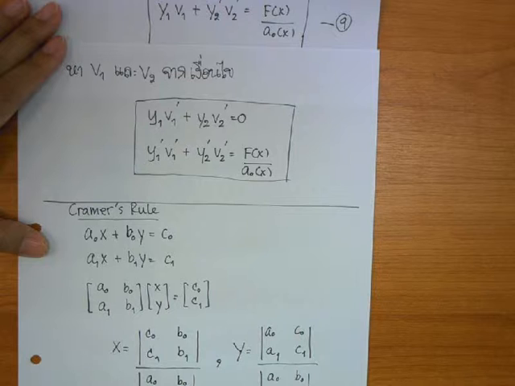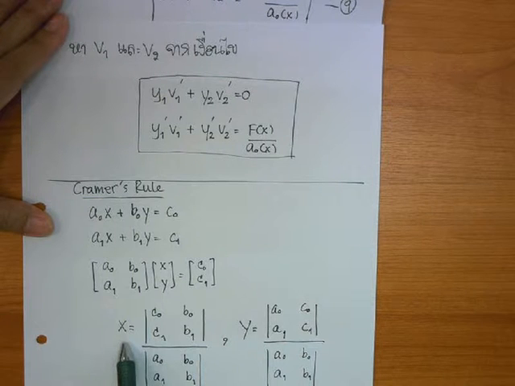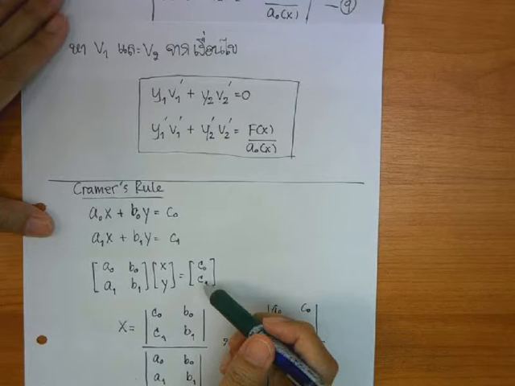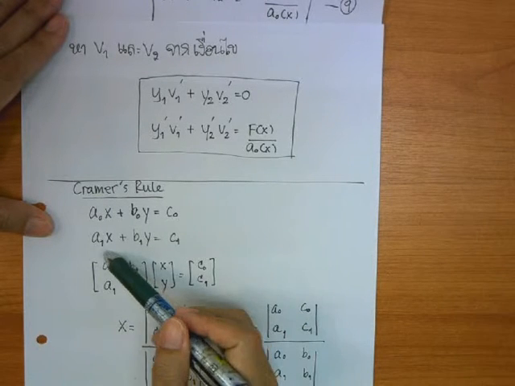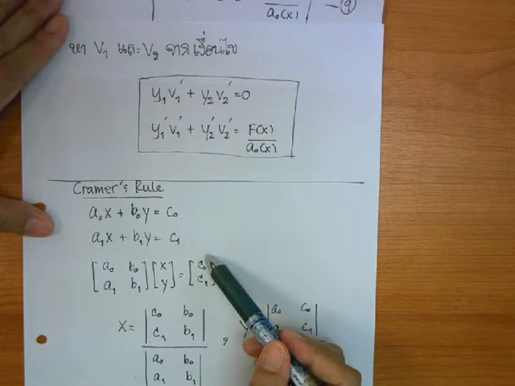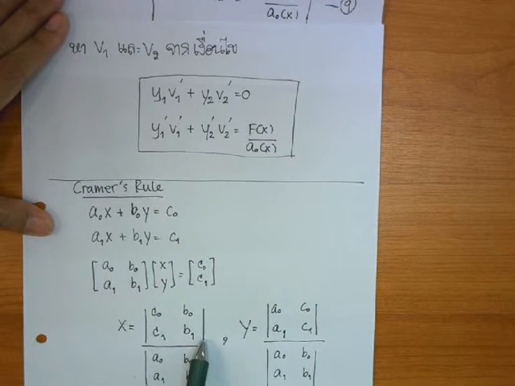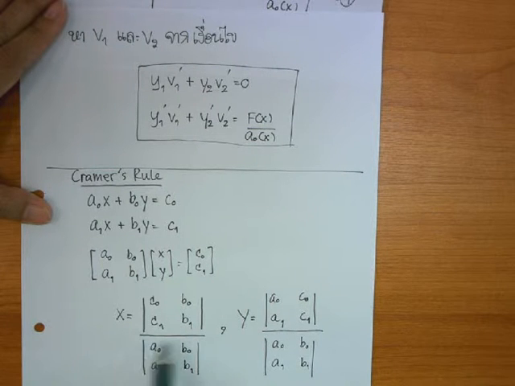The way to find x, you can write it down in terms of a matrix. Cramer's rule says that you just replace the coefficients of x by the constants c. Then you find the determinant of that, divided by the determinant of the coefficients of x and y.